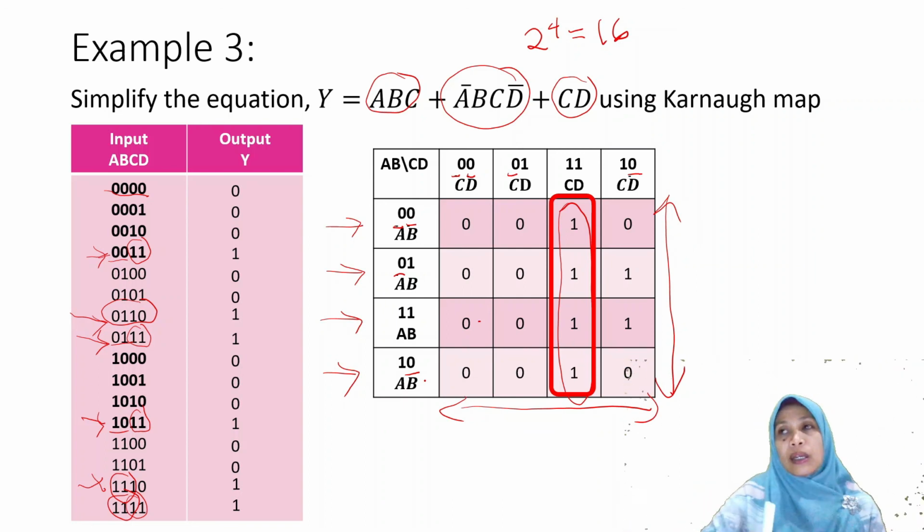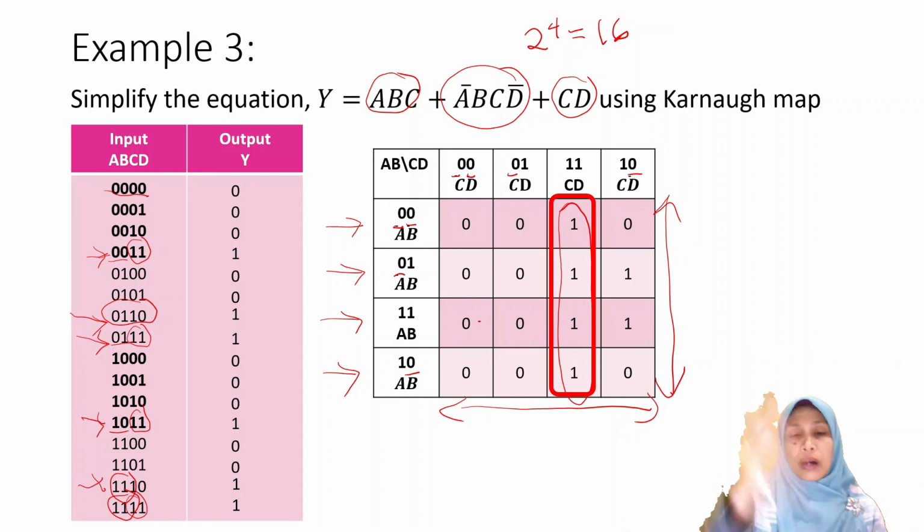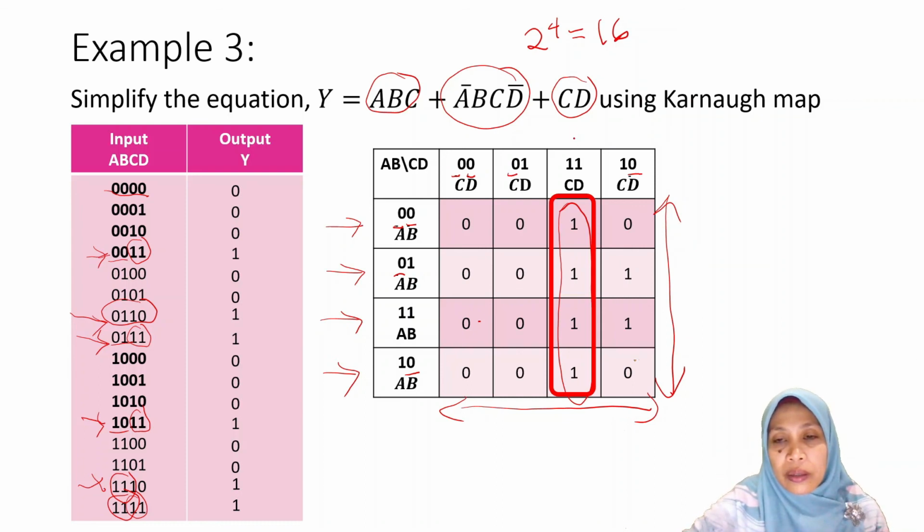It is not the same. You should have all variables the same. For example, if the variable is b, all rows are b. Okay, but in this case, we have some rows equal to b bar and some rows equal to b, so we cannot take it as the equation, so we ignore the a and b. And then we refer to the column.